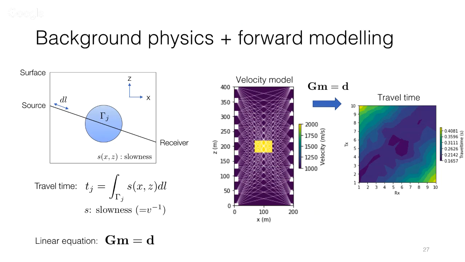And so m is actually slowness, but we're going to convert it back to velocity because it's too hard to understand. So here's our velocity model, and here's our data. Here's the travel time.